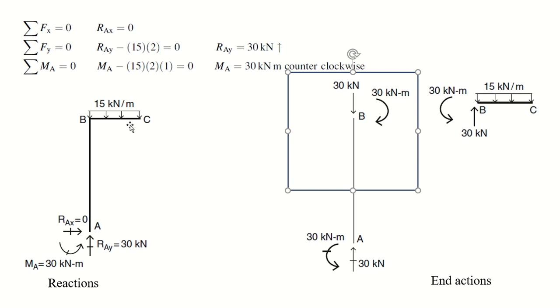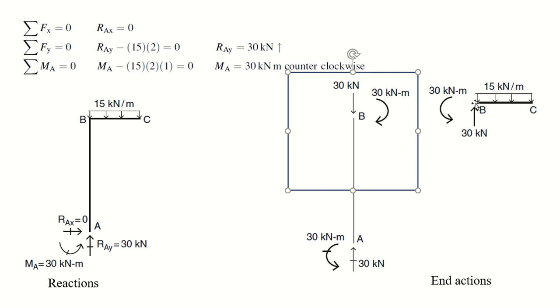First, you have made your beam BC in equilibrium, right? And this was the result. Now you have to make your joint B in equilibrium. So at joint B, 30 kilonewton was acting upward, so you applied 30 kilonewton downward. So this downward and this upward cancel each other, and the joint B is in equilibrium.